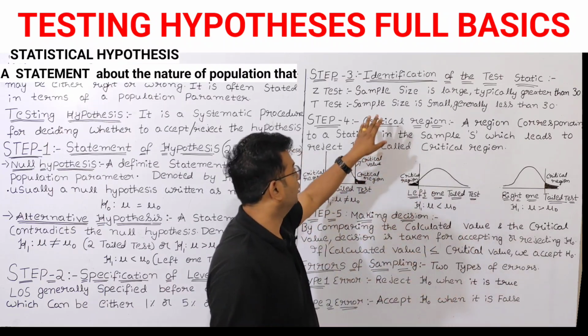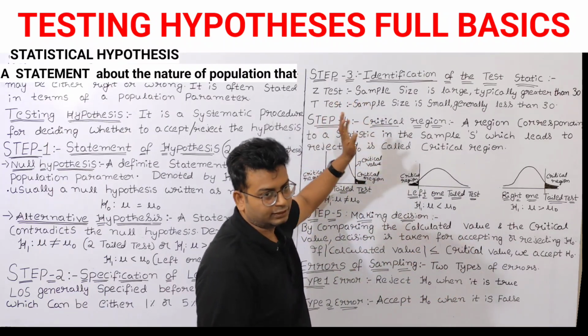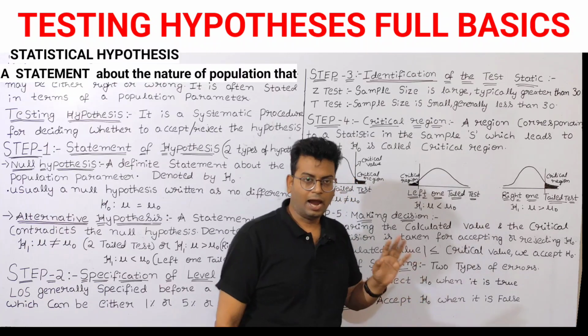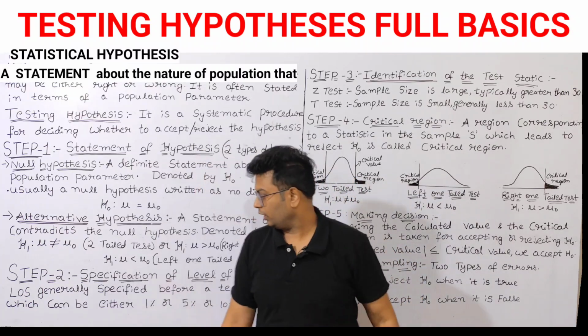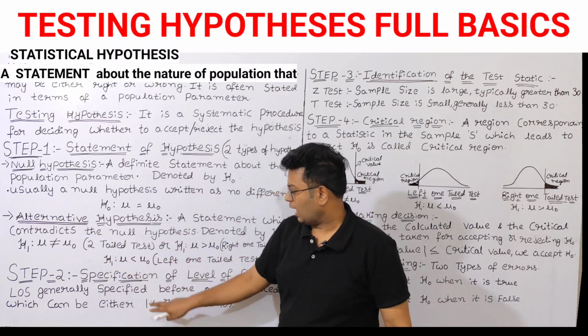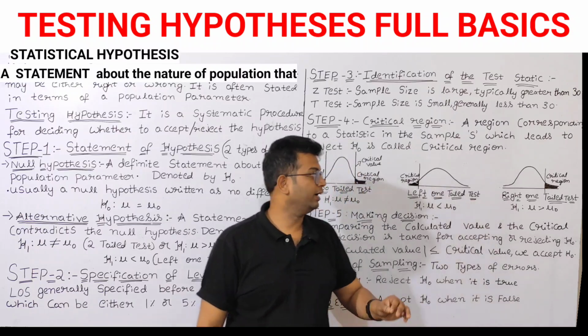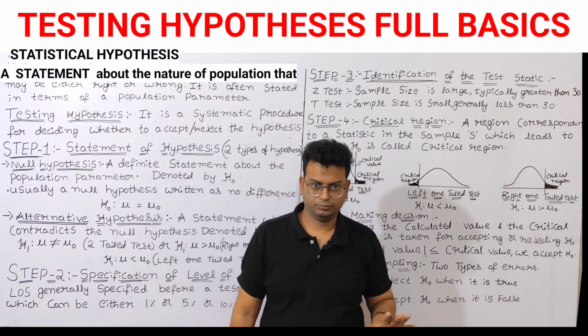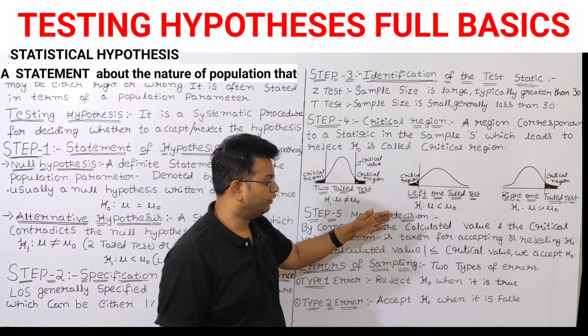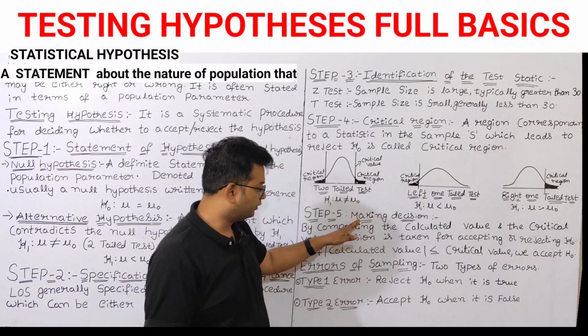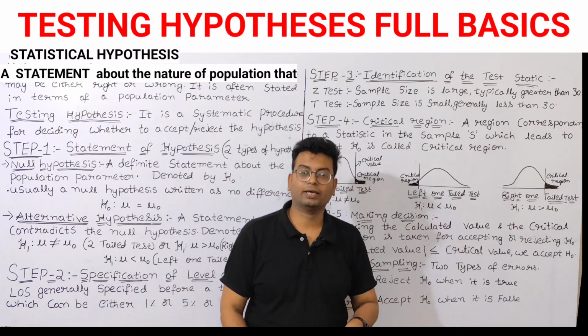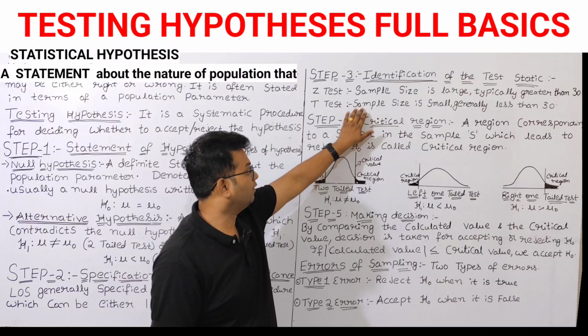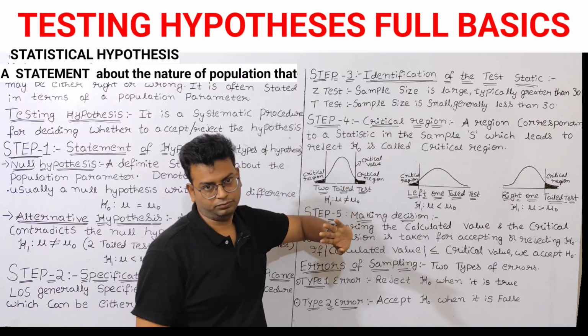And next, depending upon the sample size, we will select the Z test or T test. After that, depending upon the alternative hypothesis and level of significance, we will find the critical region value. After assigning the critical region value, step 5 is making the decision by comparing the calculated value and the critical value.